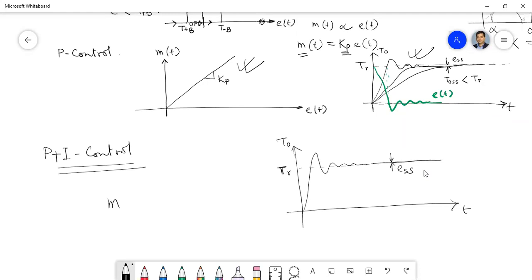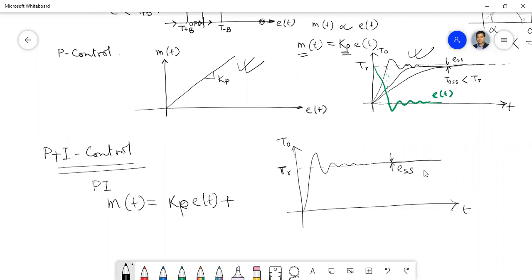So if I take PI, already you have Kp into Et, so this is the proportional part, plus the integral part.